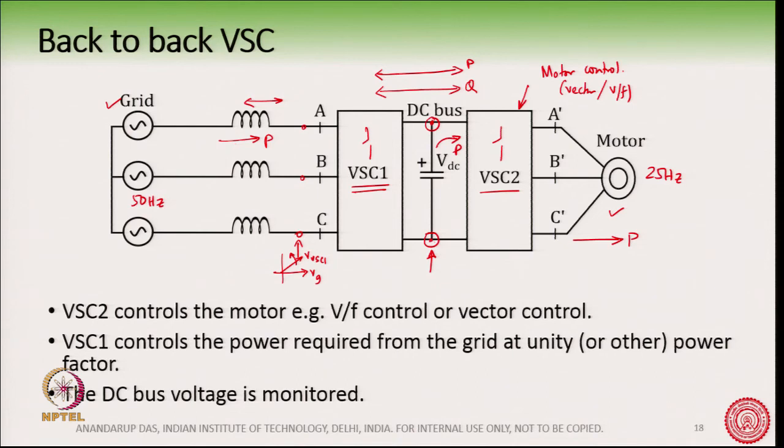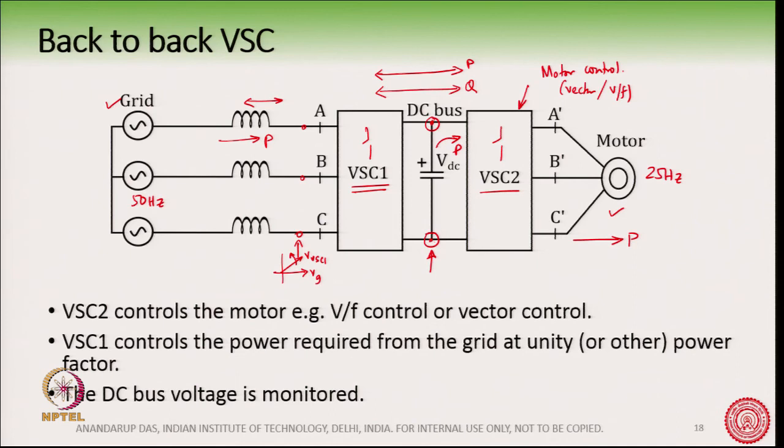So, by monitoring the DC bus, the active power from the grid can be changed by VSC 1. The other condition is, if the DC bus is increasing, then VSC 1 will know that we have to reduce the active power.